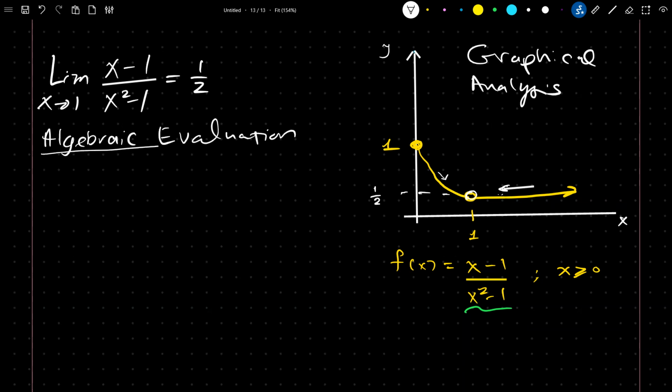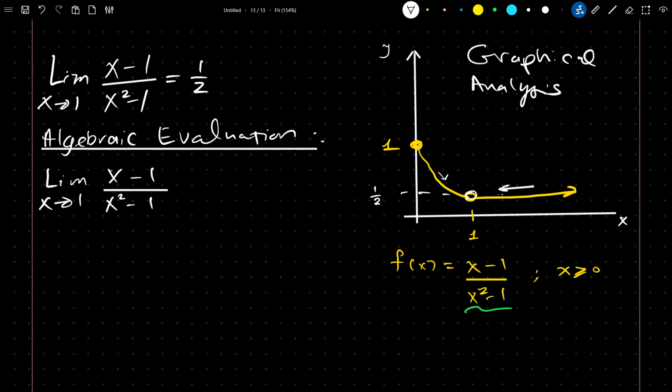And here, when we're doing an algebraic evaluation, if we want to take the limit of this function, or any function for that matter, if we have the case where we have a 0 in the denominator, then what we need to do simply is to try to factor this, or another way of algebraic manipulation, so that the 0 is no longer in the denominator.